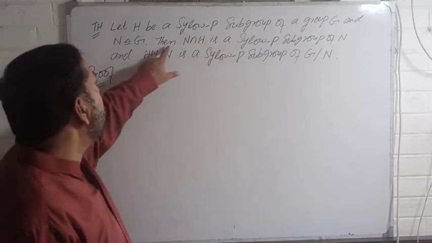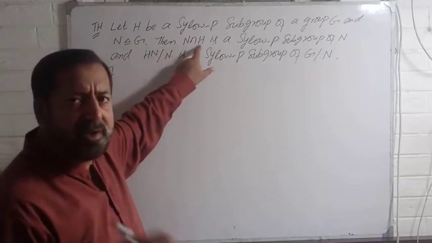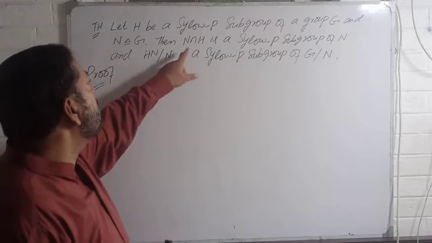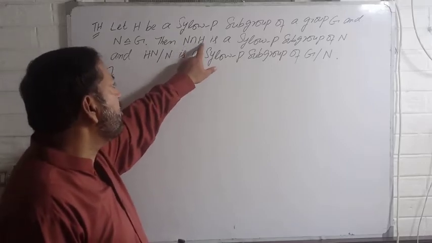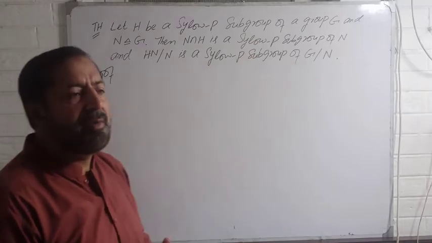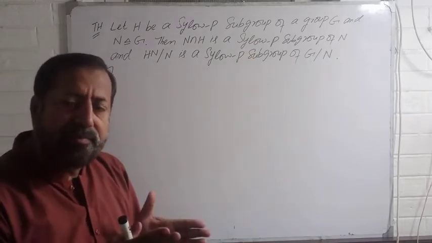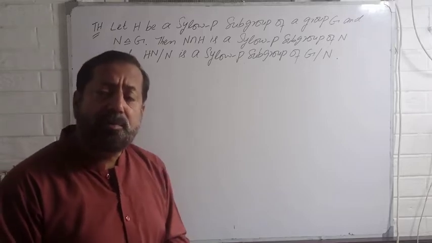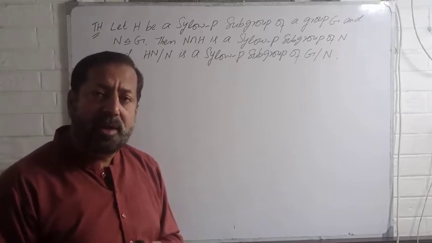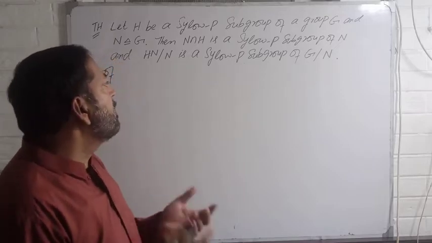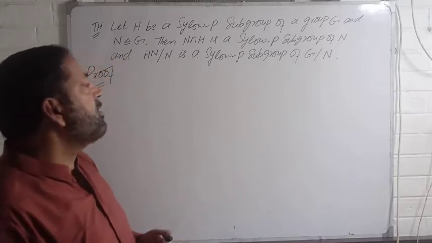So the first thing is clear from the statement. Now you have to show N intersection H is a Sylow-p subgroup of N, where H is a Sylow-p subgroup and N is a normal subgroup.